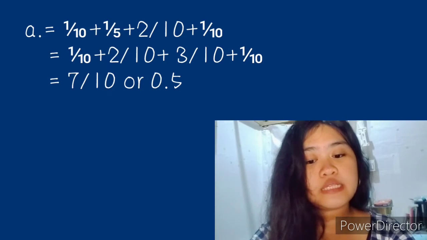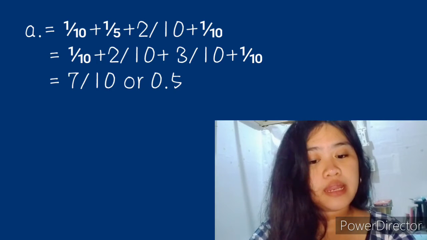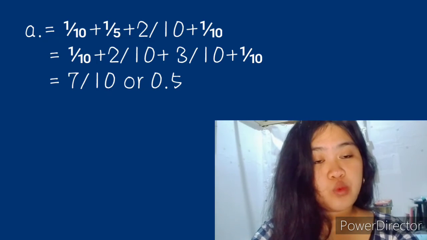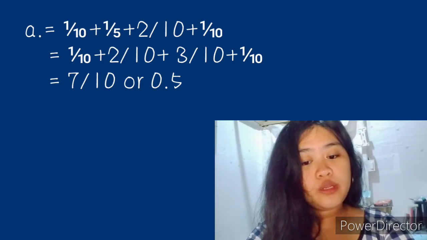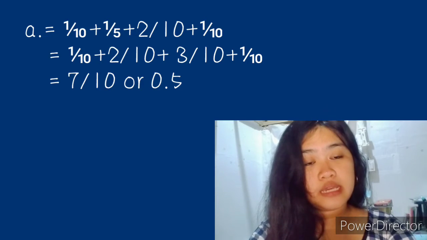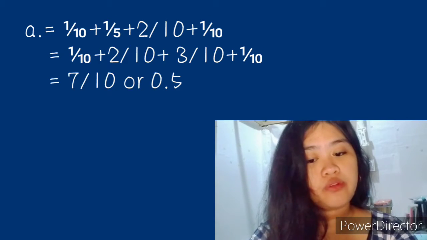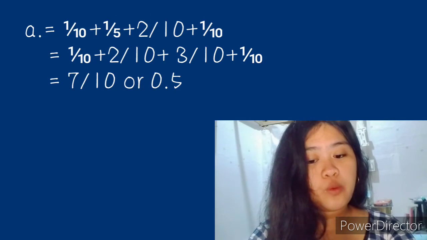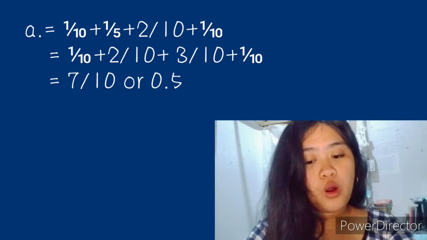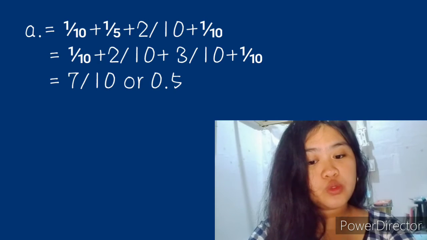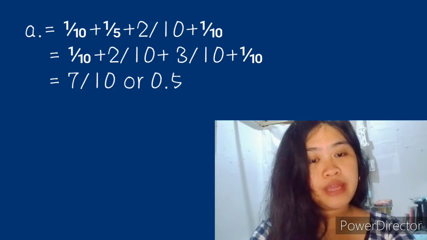Next is 1 over 10 plus 2 over 10 plus 3 over 10 plus 1 over 10. So we are just going to add the second group, which is 1 over 10, 2 over 10, 3 over 10, and 1 over 10. And it is equal to 7 over 10, or we can simplify it as 0.5. That is our answer for question letter A.